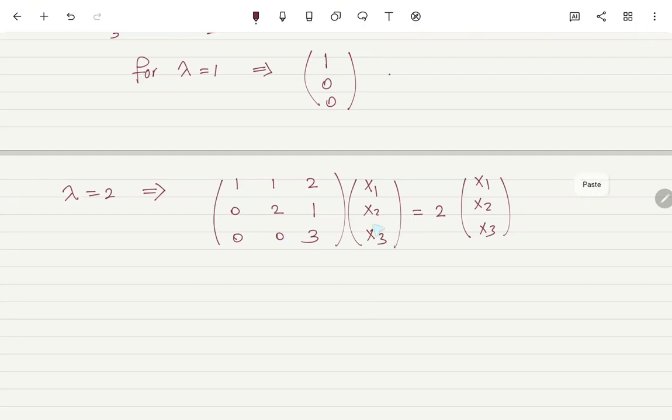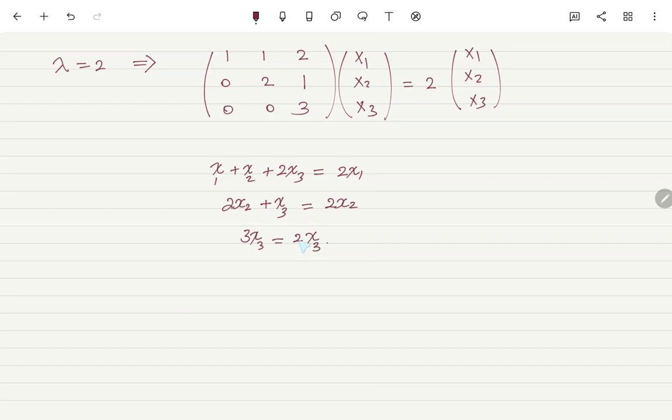Upon solving this, we will get the equations x1 plus x2 plus 2x3 equal to 2x1, 2x2 plus x3 equal to 2x2, 3x3 equal to 2x3.